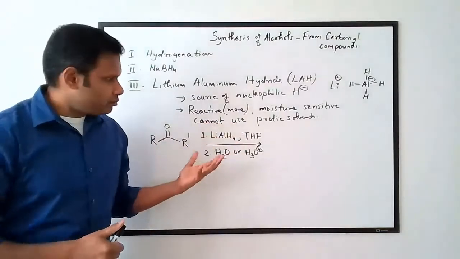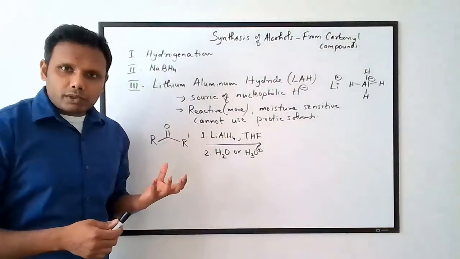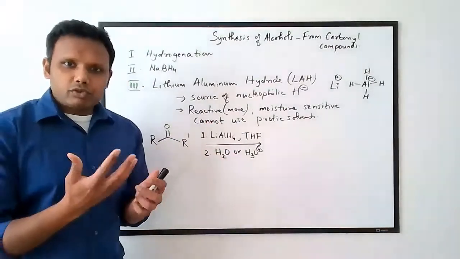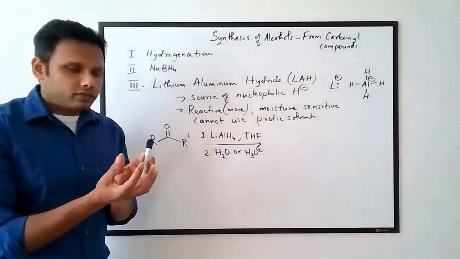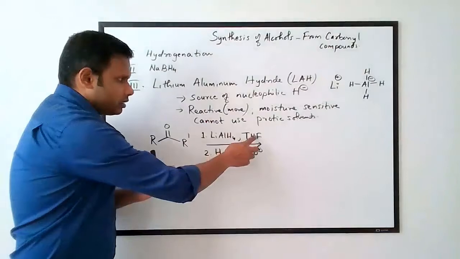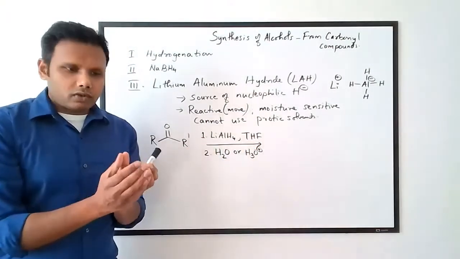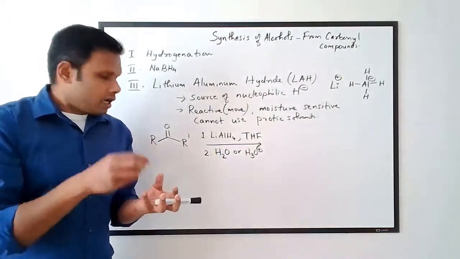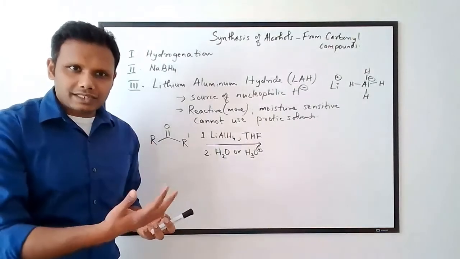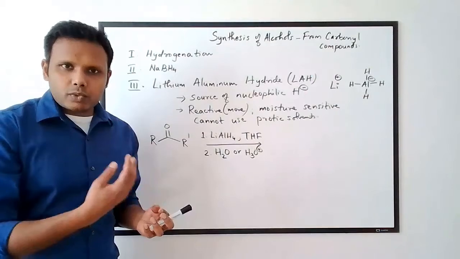Now, what does all of this mean? So this means if I'm doing this reaction, how my experiment would be set up is I would have a round bottom flask with my ketone or the aldehyde and the polar aprotic solvent in that round bottom flask. And then I'm going to add lithium aluminum hydride to it. That is the first step. And I'm going to let it react.